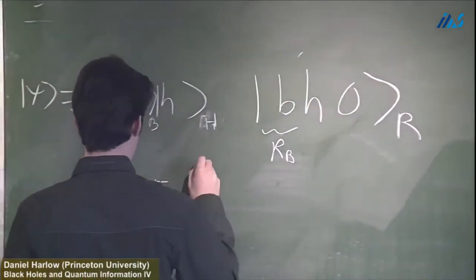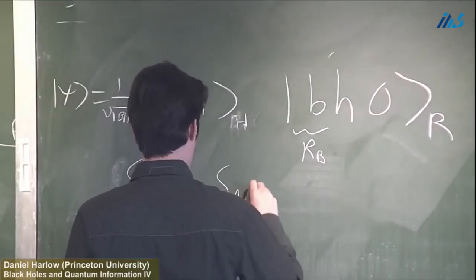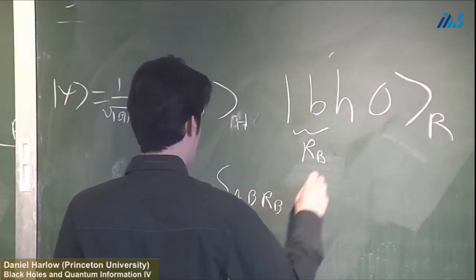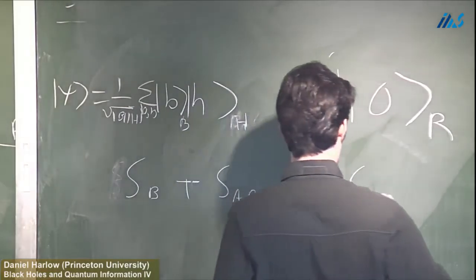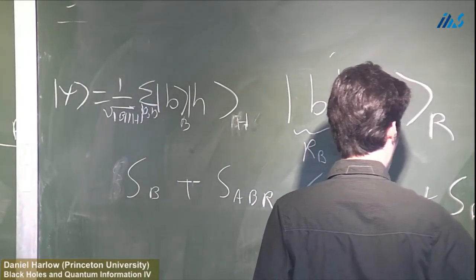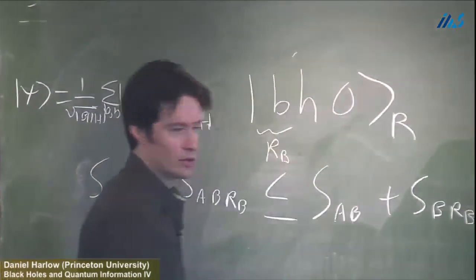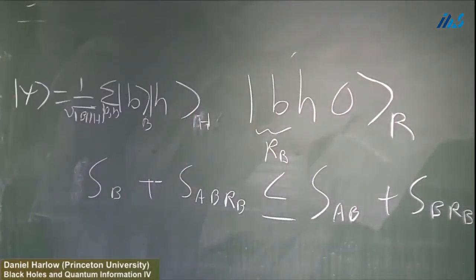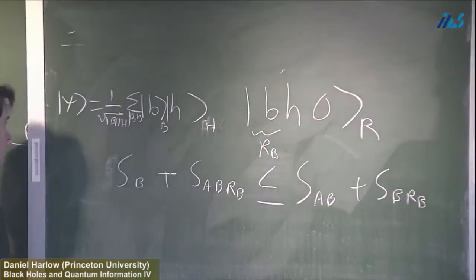S_B plus S_{ABR_B} has to be less than or equal to S_{AB} plus S_{BR_B}. This is some fact which is true in general about density matrices. So in particular, I'm not necessarily assuming that the state on this red slice is pure. Although you may or may not want to, we don't have to.